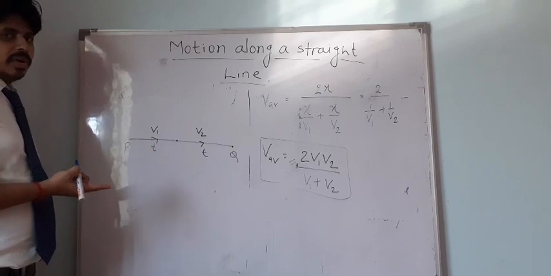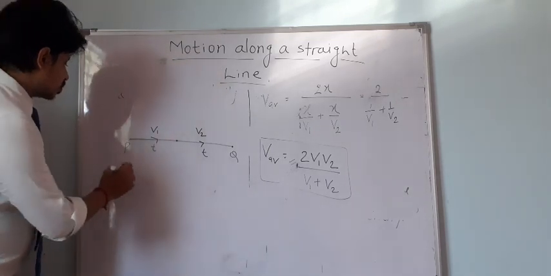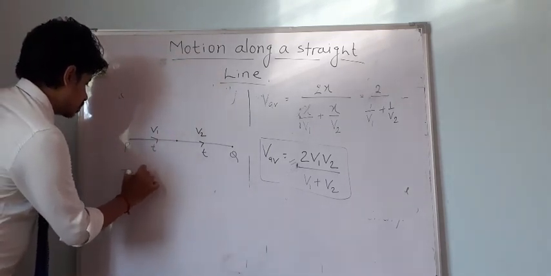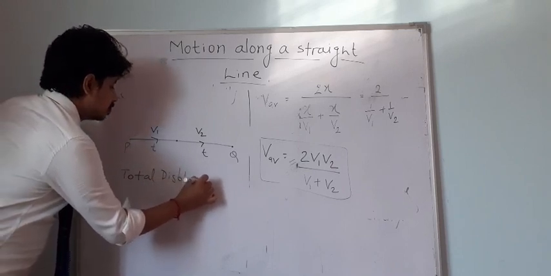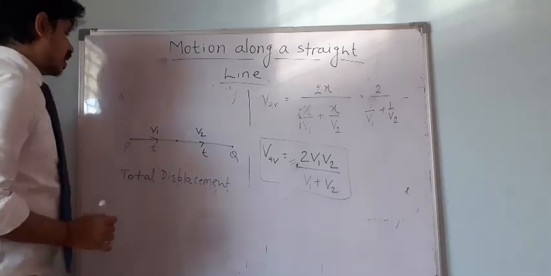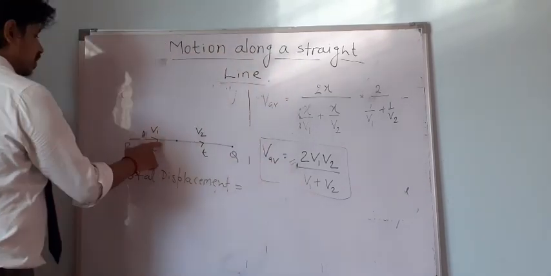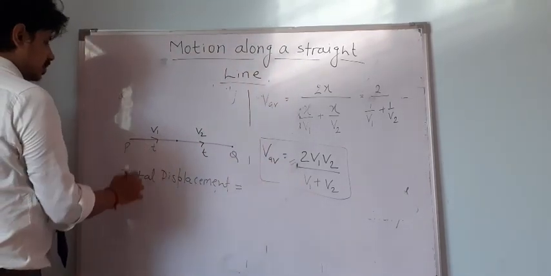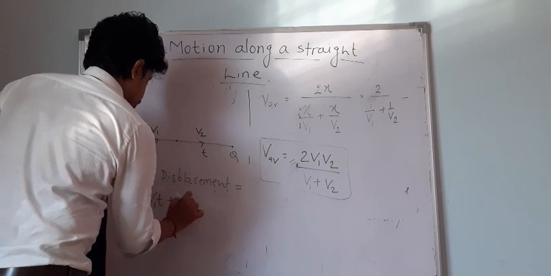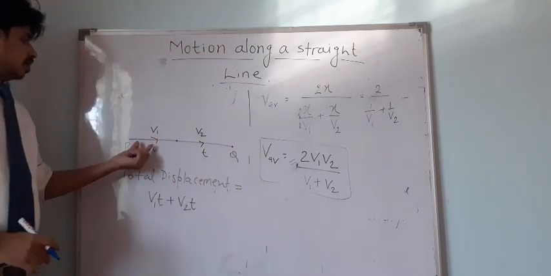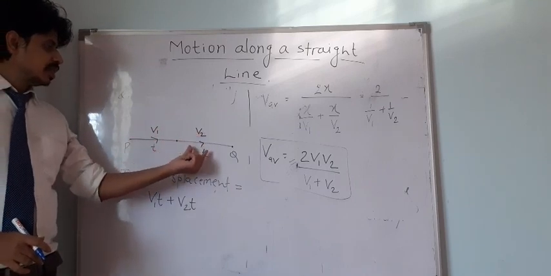Again we will do the same thing. We will find the displacement and time, and take the ratio. This time the total displacement: in the first t it covers v1 into t, and in the second t it covers v2 into t.